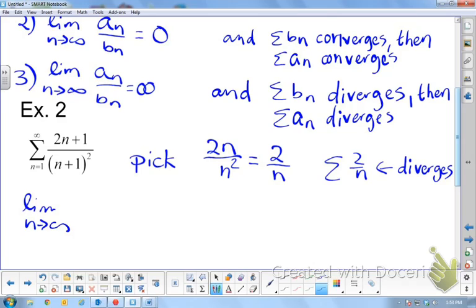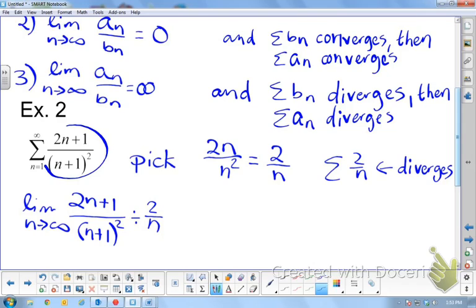As n approaches infinity of 2n plus 1 over n plus 1 squared, divided by 2 over n. This I'm considering a sub n.